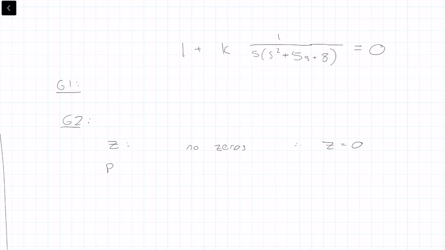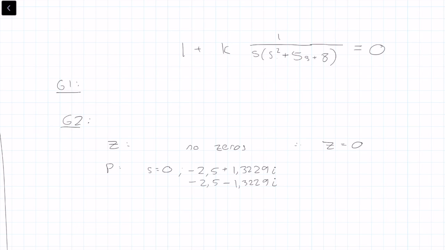And if we look at the poles, we have s equal to 0, or s equal to minus 2.5 plus 1.39i, or s equal to minus 2.5 minus 1.39i.